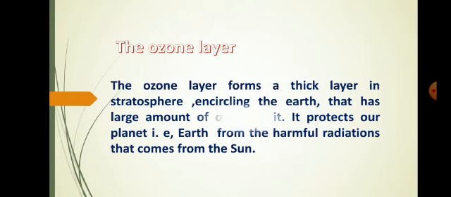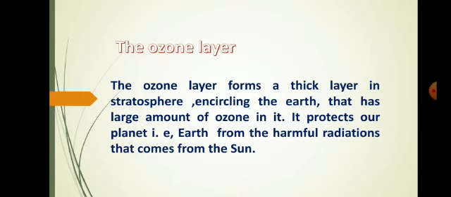The ozone layer forms a thick layer in stratosphere encircling the earth that has a large amount of ozone in it. So it protects our planet earth from harmful radiations, that is ultraviolet radiations that come from the sun.